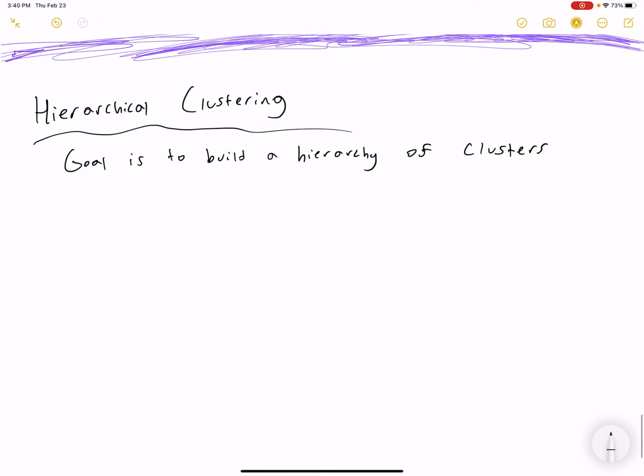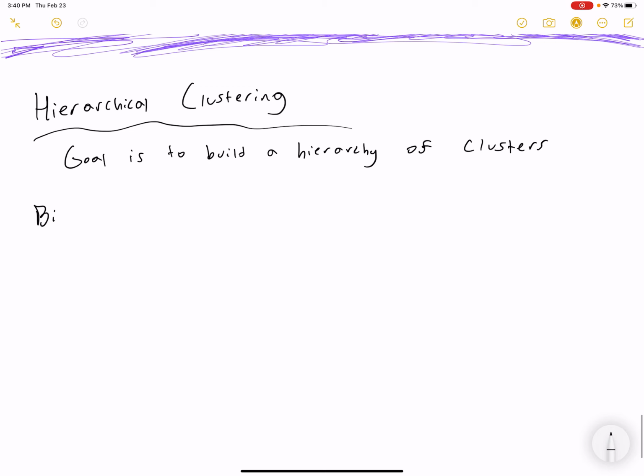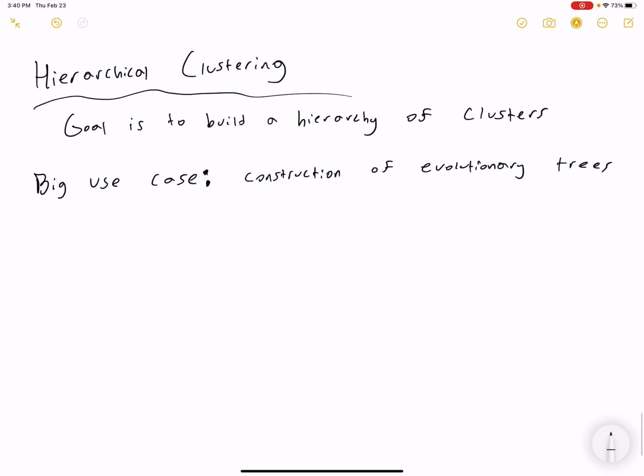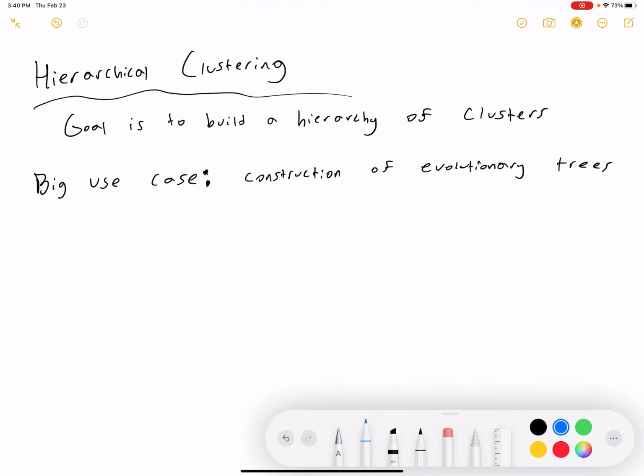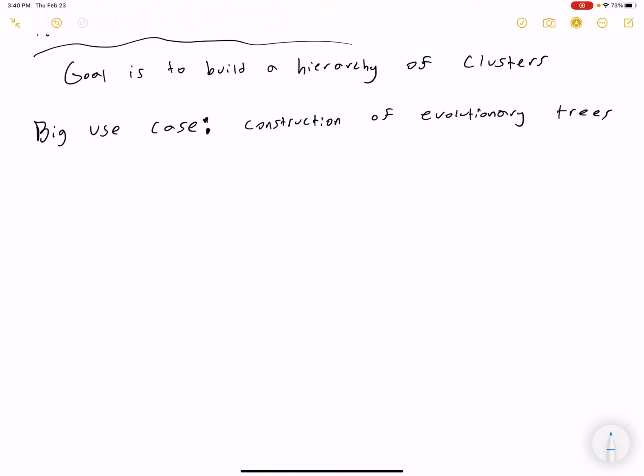And a very big use case, and y'all might know other ones, but one that I see a lot from bioinformatics is construction of evolutionary trees. So basically you have DNA from a bunch of organisms, and you apply hierarchical clustering to automatically create the evolutionary tree. These are how evolutionary trees roughly are constructed.